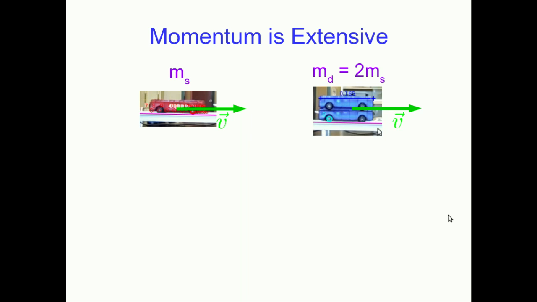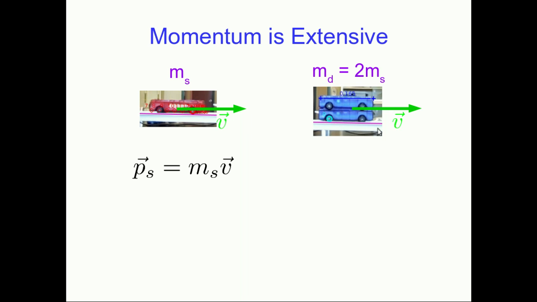If you think of a single or standard cart moving along at some velocity v, and then you think of a double cart also moving at the same velocity v. And so let's consider each of these to be a system. And the inertia of the double cart is clearly twice the inertia of the single cart.